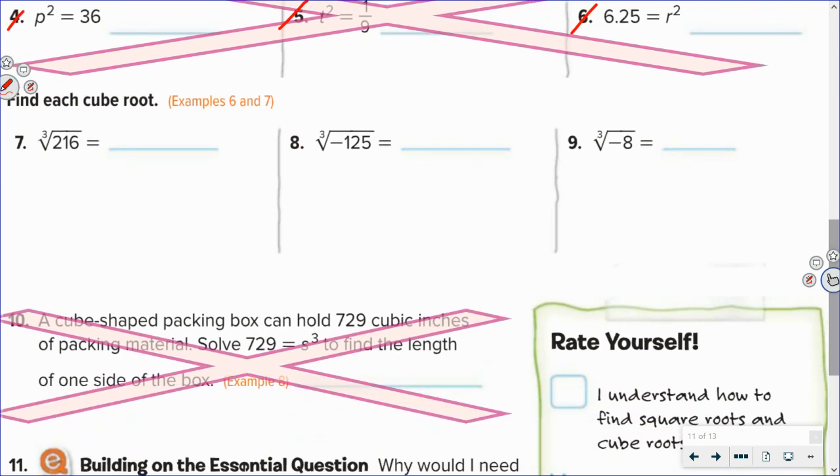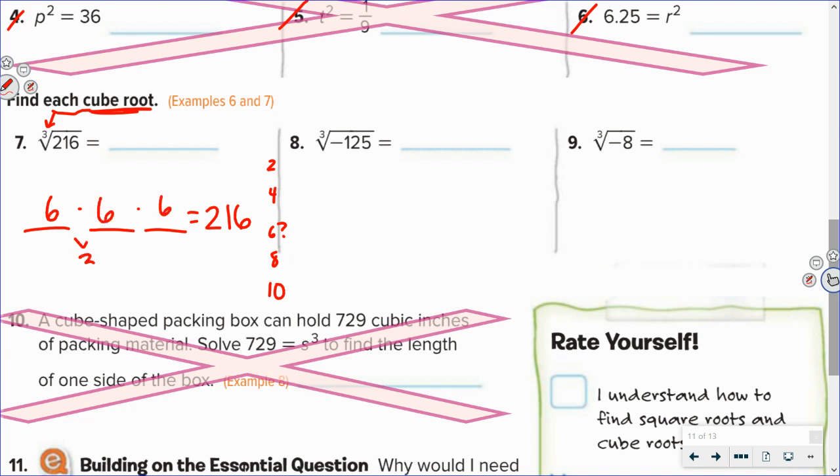Number 7 has a cube root. And so we're looking for a number times itself, and it sure looks like this should be an even number. So 2, 4, 6, 8. I don't know about you, but I latched onto that 6. Let's give it a try.